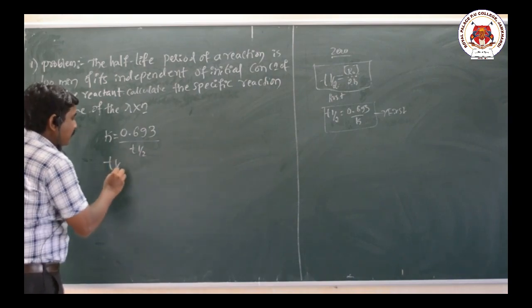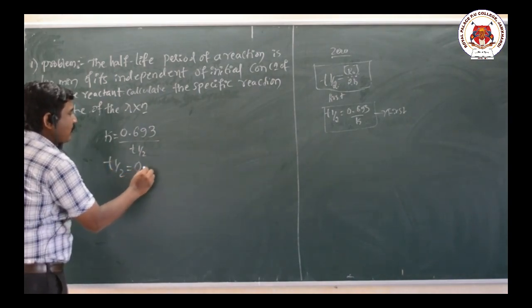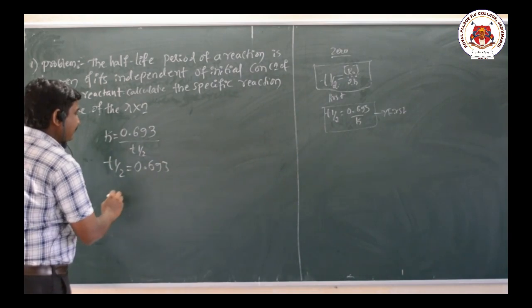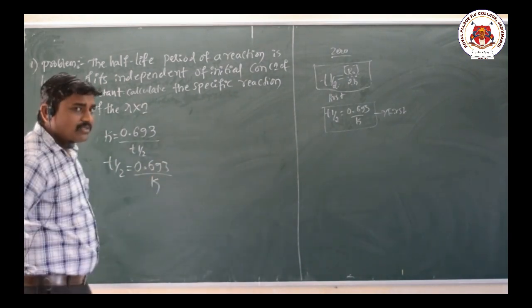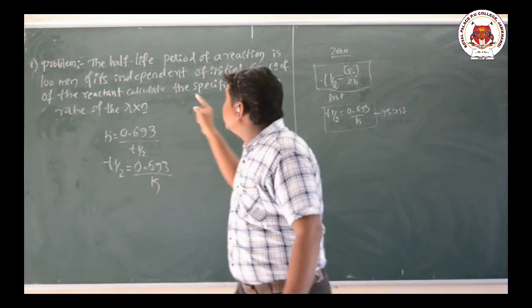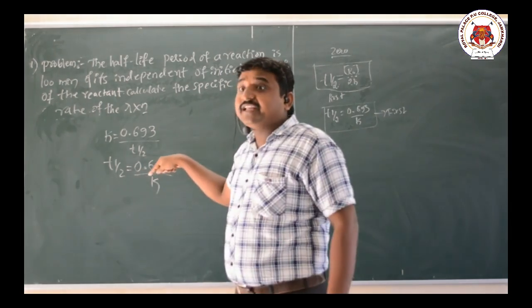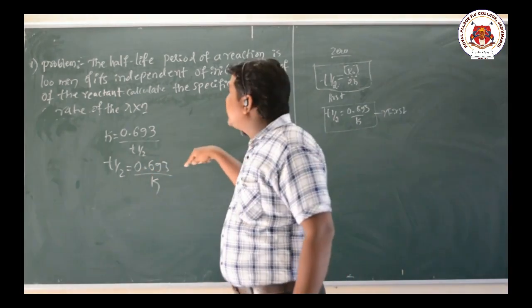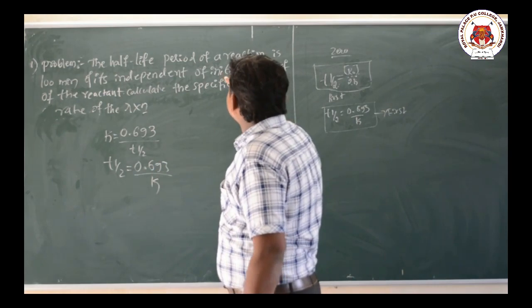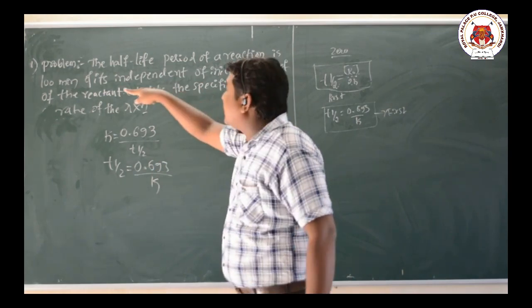So T half equal to 0.693 divided by K, where T half is the half-life period of the reaction, that is 100 minutes.